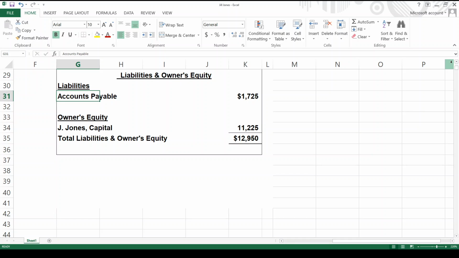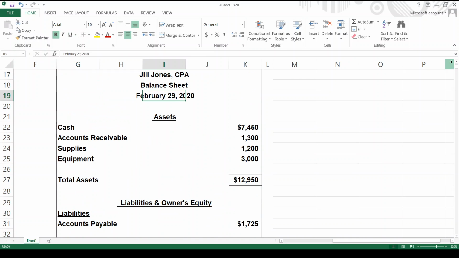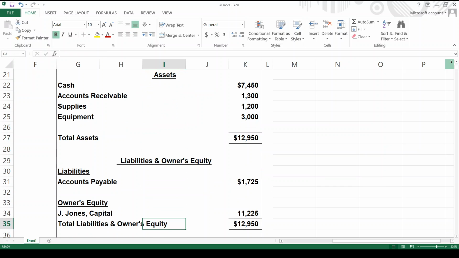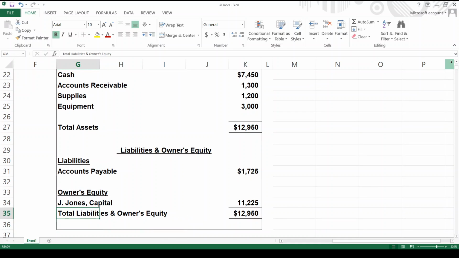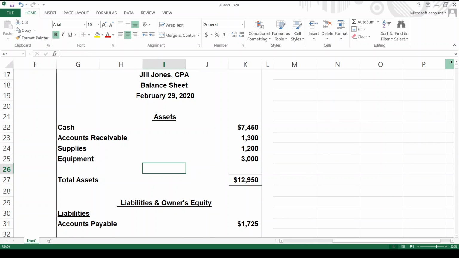And then you could have long-term liabilities, which are payable beyond 1 year. 1 year from the balance sheet date, that is. So if you have anything that you have to pay back before February 28th, 2021, in this case, that would be a current liability. Okay. So yeah, this will get more complicated, but of course when we get there we'll explain all that stuff to you, so it shouldn't be a problem.